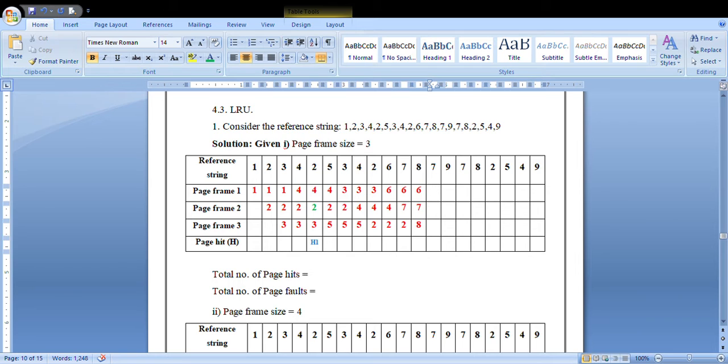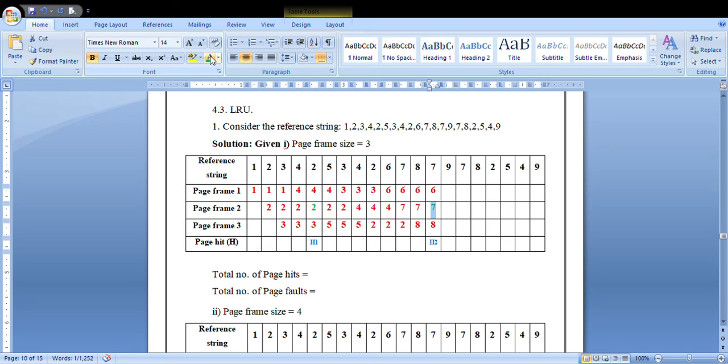Next is 7. Here 7 is already existing in the frame, so you keep the values as they are and mark it as a page hit. From here you consider the value of 7 as 1. You are not considering it as repeated 3 times; the count restarts from here.